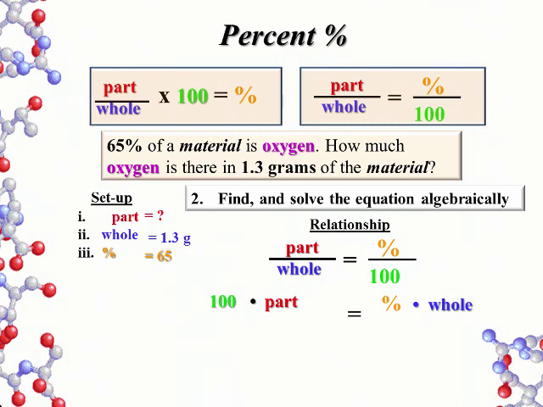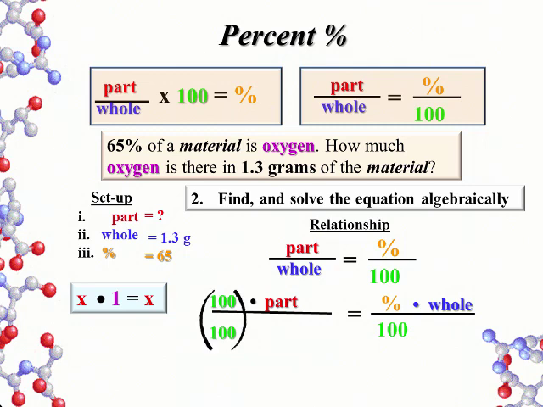100 times part equals percent times whole. And we can use the identity law of multiplication. How can 100 be turned into a 1? Divide both sides by 100. Grouping shows that 100 divided by 100 is 1, and 1 times part is part. We have the isolated form of our relationship.